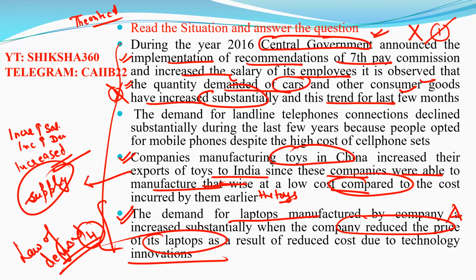In situations A, B and C, there is no mention that the quantity demanded rises due to a decrease in price. Only in situation 4 is this mentioned. So while answering these types of questions, stick with the basic definition.